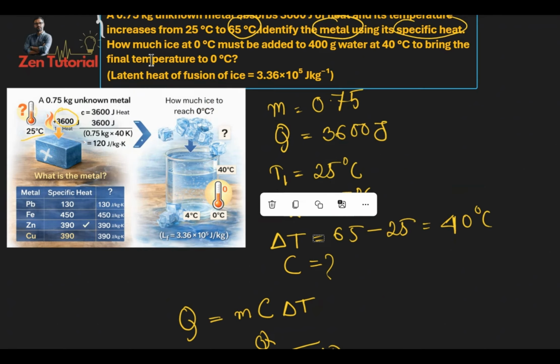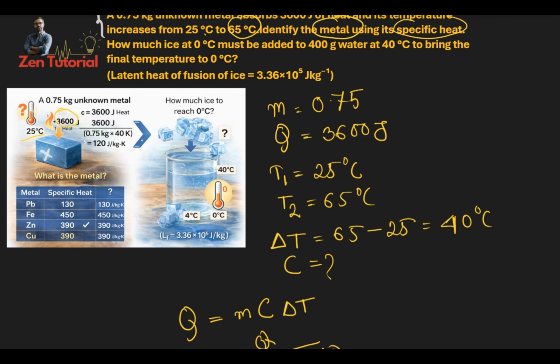Now the second part, which is completely different from the first portion. How much ice at 0 degrees Celsius must be added to 400 grams of water at 40 degrees Celsius?